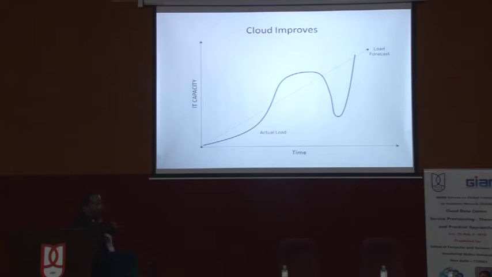Okay, so we have seen before the problem of 80-20, 80-90 usage and unusage. So again, if we look, this is what cloud actually gives you. Very close to the actual one.